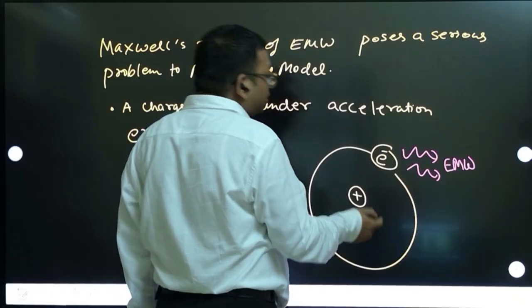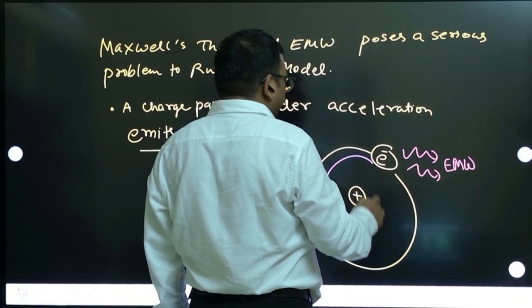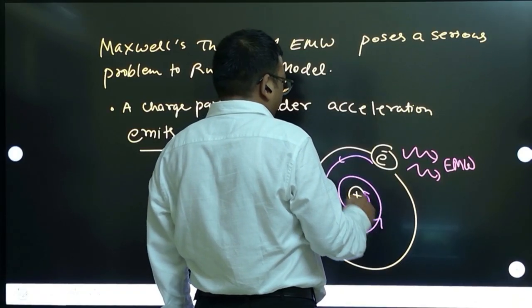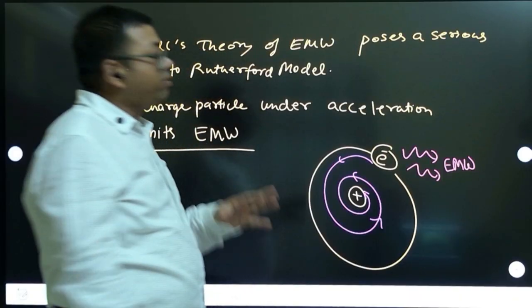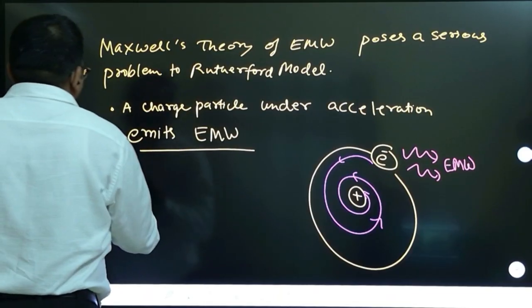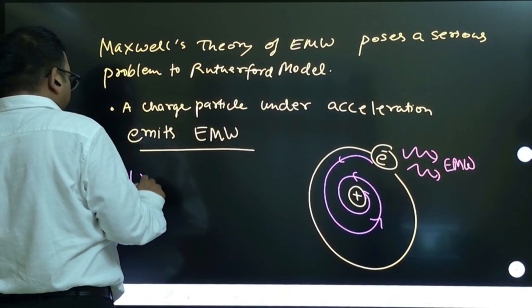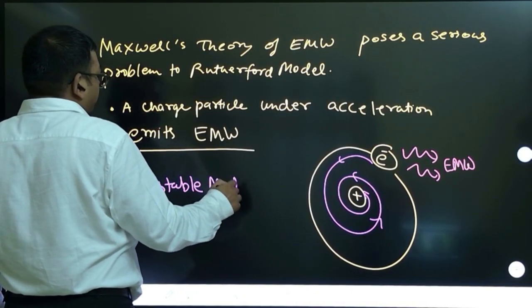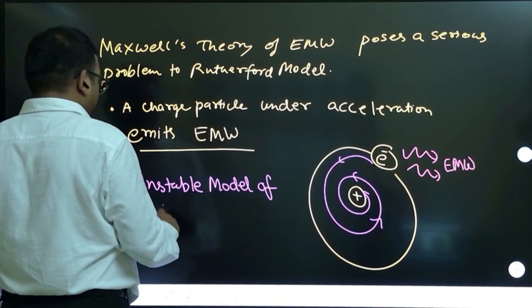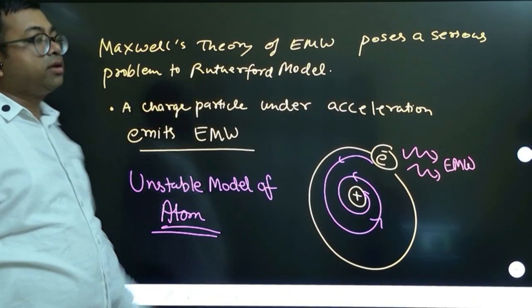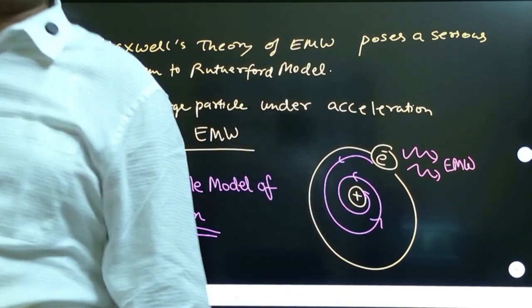Gradually it will lose its energy and gradually it will fall inside the nucleus, right? That means this model of atom is not a stable model of atom. So it is an unstable model of atom. Because it is an unstable model, it was not accepted by the scientific community.